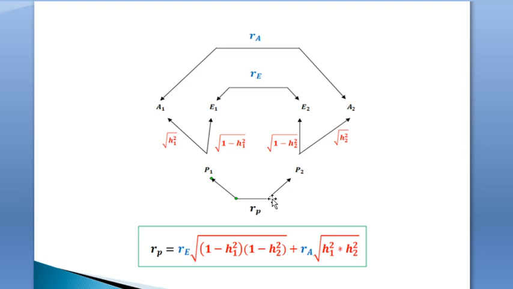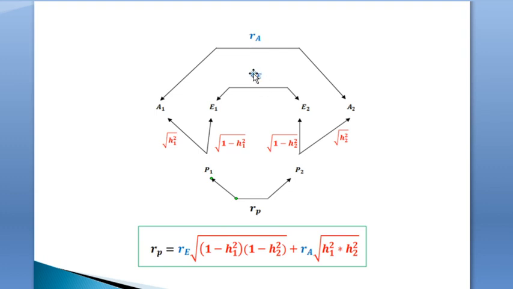Now, how to read this? We start from this apex at the bottom. So the phenotypic correlation, that is RP, will be equal to the first track plus the second track. What is the first track?